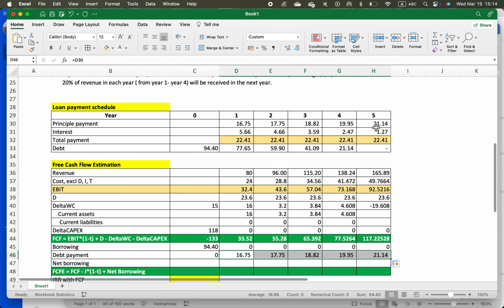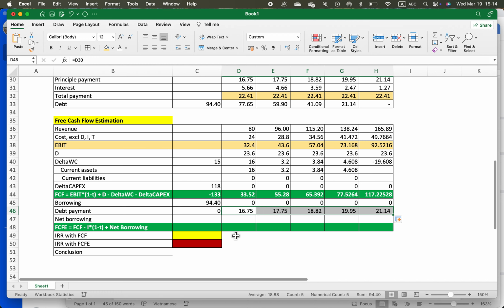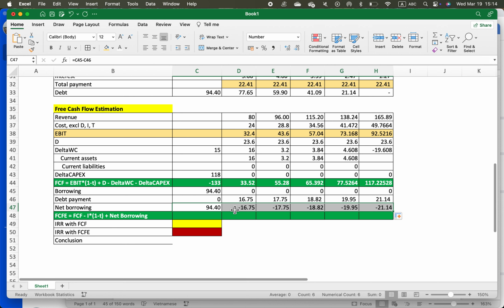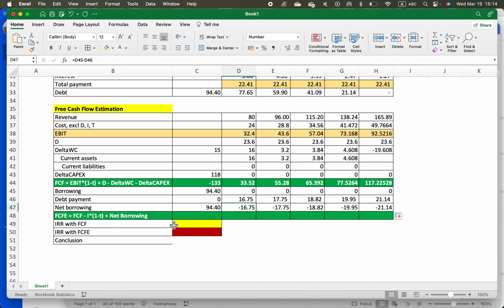Then we come up with net borrowing, which is borrowing minus debt payment. And we copy that information throughout the years. So we do not have positive borrowing.